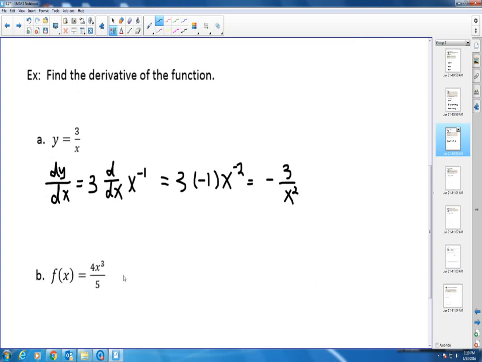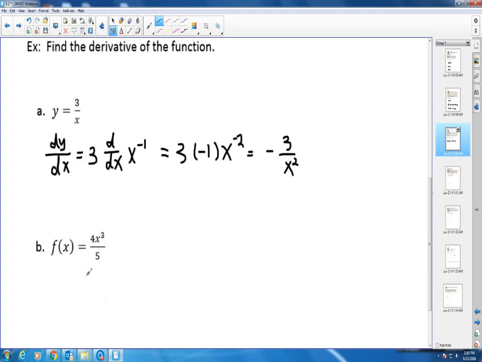Alright, what happens if I have a fraction as a constant up front? I can do the same thing. I can factor out my constant. So for this problem, f prime of x will be: move the 4 over 5 up front. So I will only take a derivative of x to the 3rd with respect to x.